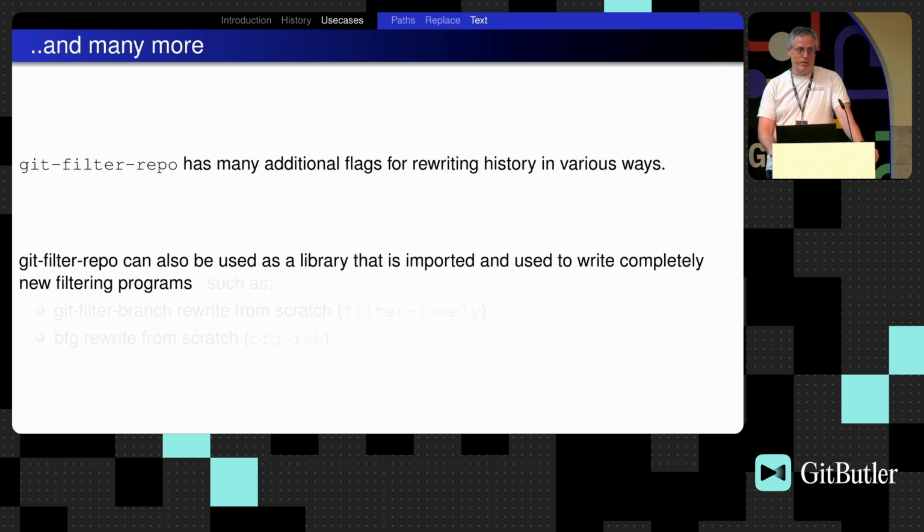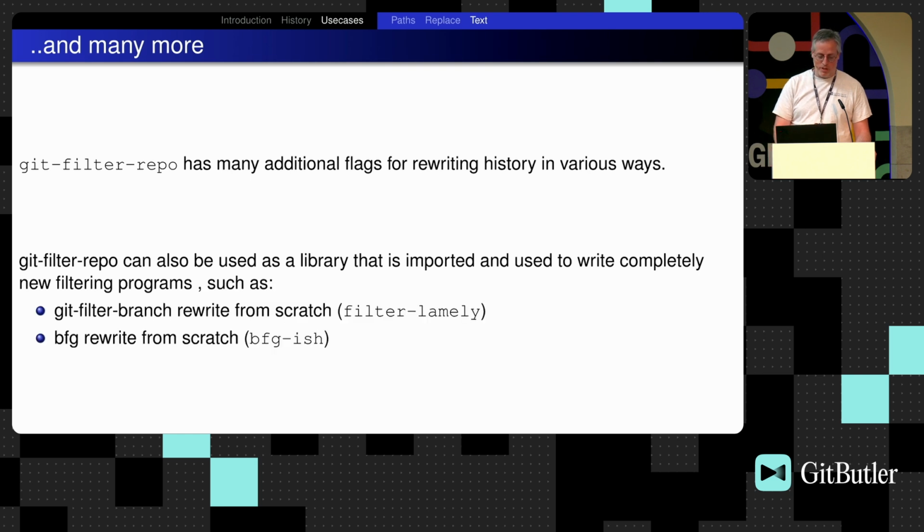And I wanted to show what kinds of ranges of different things you could do with it. And so I've picked the two most diametrically different tools I could think of that were in this space, git-filter-branch and BFG, and wrote complete versions of them on top of git-filter-repo. So there's examples of very different things you can do with it.